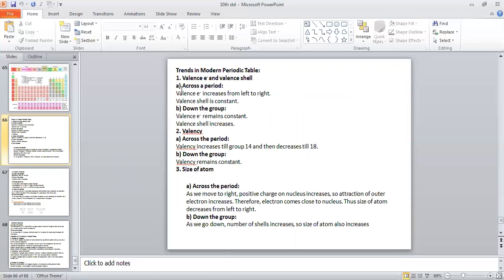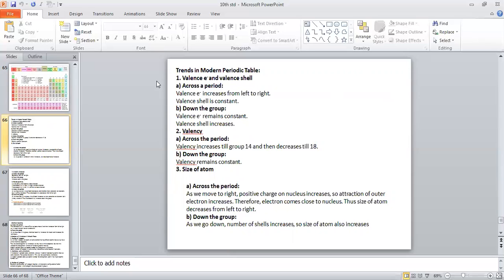Across the period, meaning horizontally, the valence electrons increase from left to right. So valency 1, 2, 3, 4 like this increases from left to right, and the valence shell is constant.